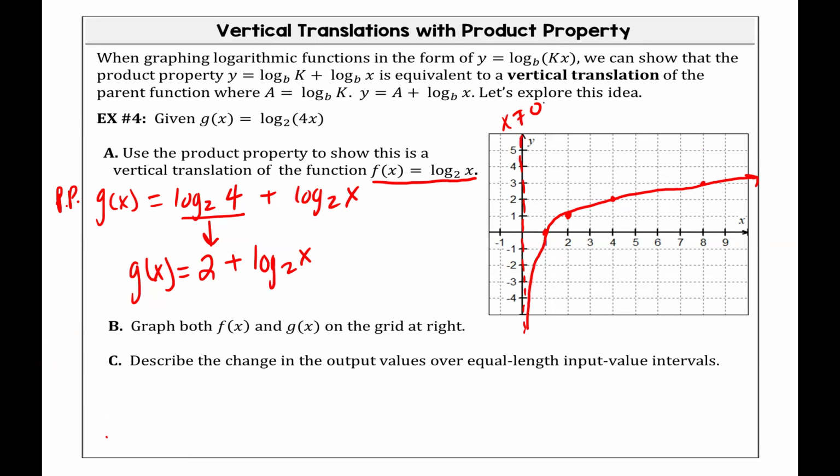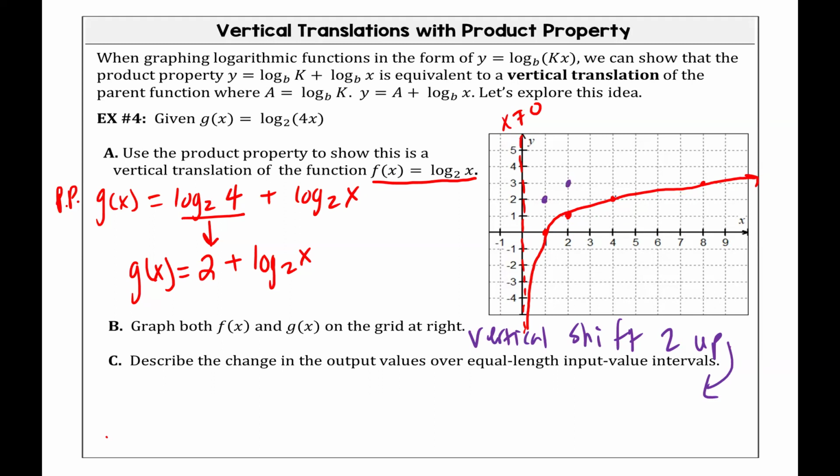So I know that for g of x, it is a vertical shift up 2. Instead of being at 1, 0, we're now at 1, 2. Instead of being at 2, 1, we're at 2, 3.